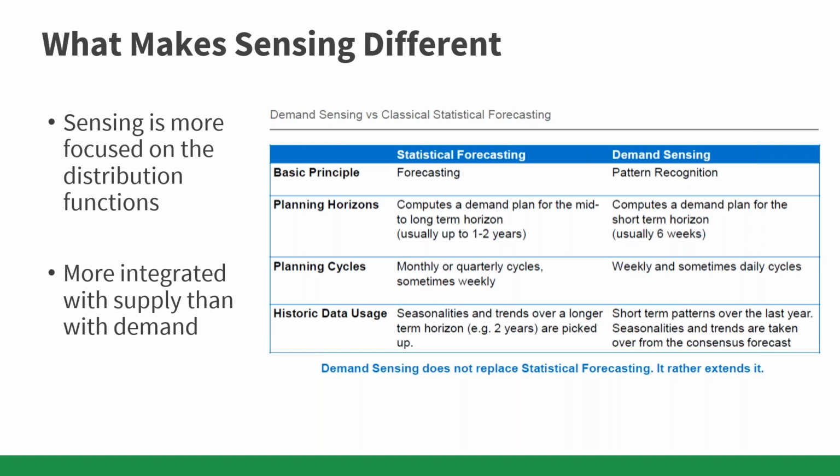You're trying to get just that extra edge in your short-term demand signal to meet the customer's demand and pick up on these patterns before they become shortfalls. And that's a really key part, that they kind of go together.